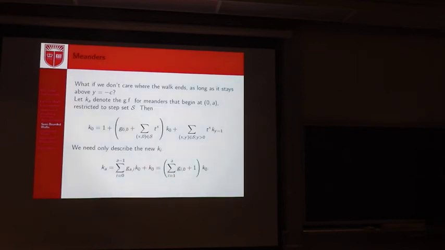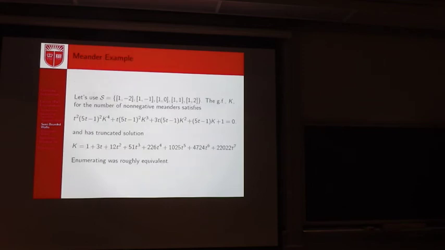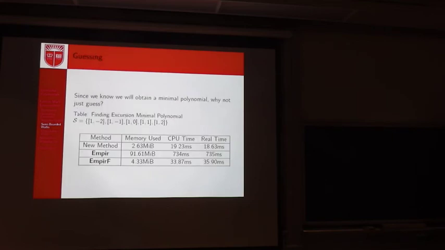Very little time left. So I can also describe meanders, which are semi-bounded walks that end anywhere. Do the same, basically the same thing. Enumeration is roughly equivalent. My method is better than guessing at getting the minimal polynomial. So there is at least that.